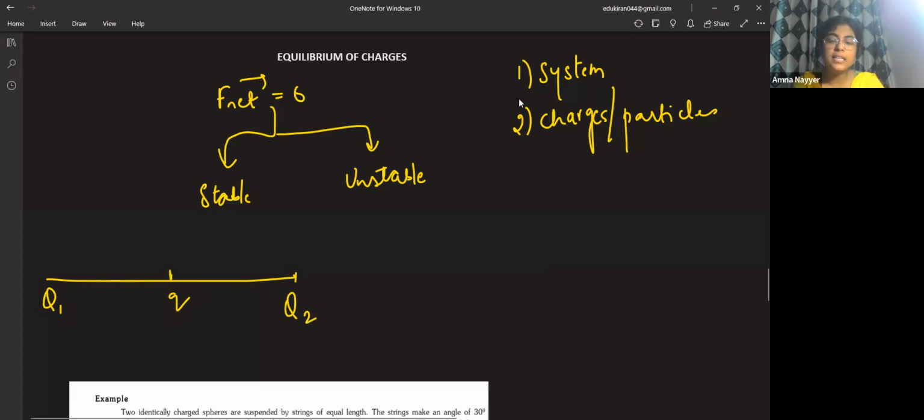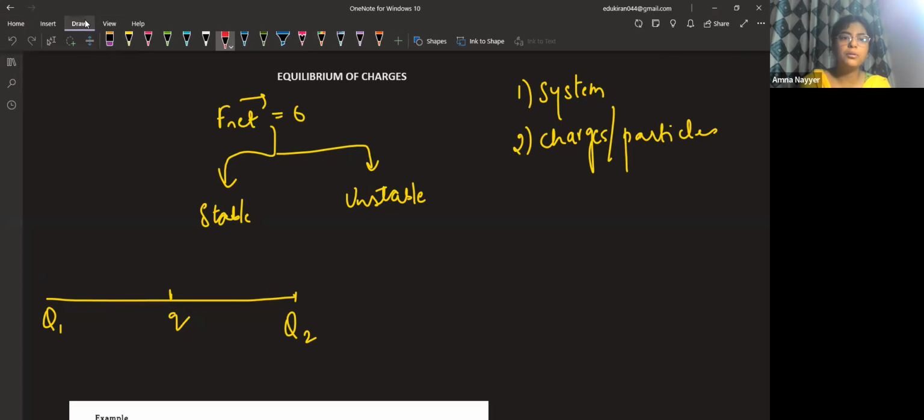So there can be two kinds of questions. One question can be to discuss the condition or calculate the force on that particular charge when q is in equilibrium or when Q2 is in equilibrium. In those cases, you just have to check whether this particular charge is in equilibrium or not.